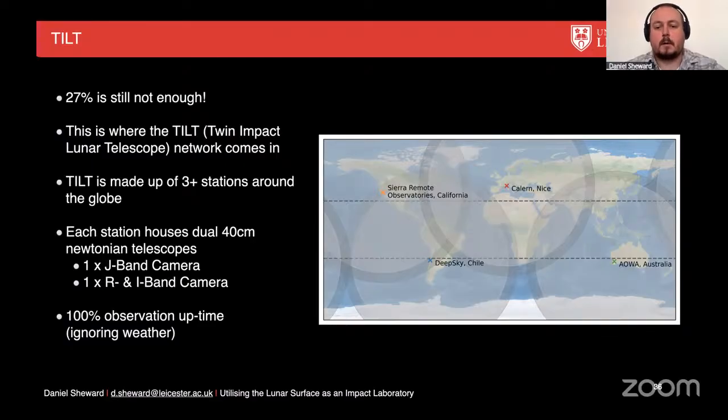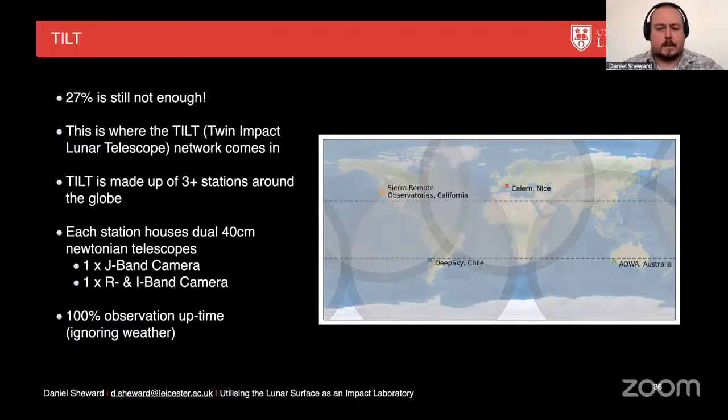So we can get flashes all of the time, but still be able to make those temperature measurements. So with these stations, we should have 100% observation time on the moon if we spread them around the globe correctly. And obviously that's not considering weather.